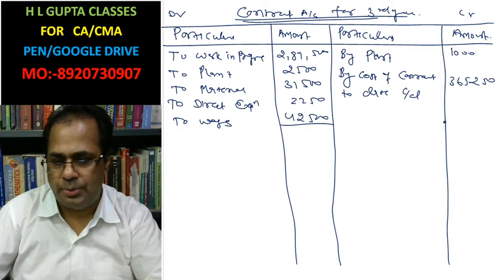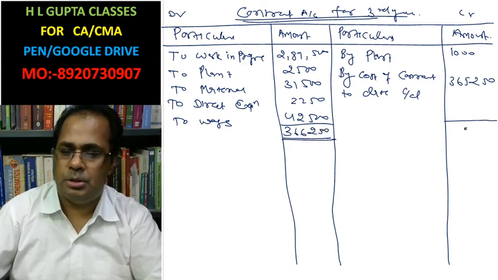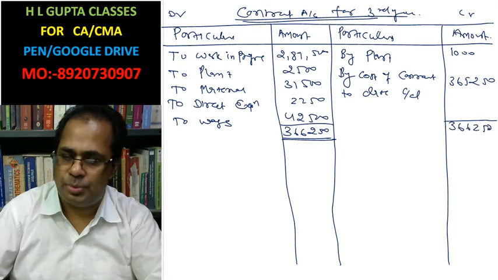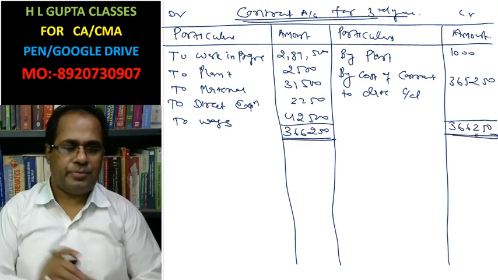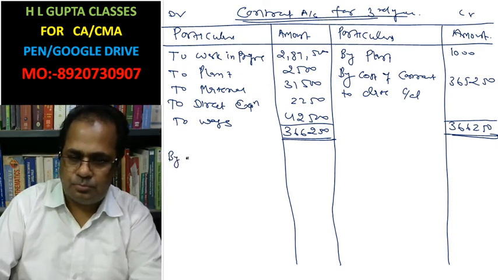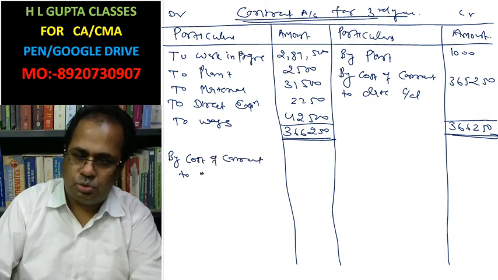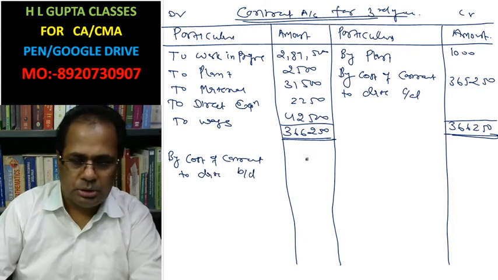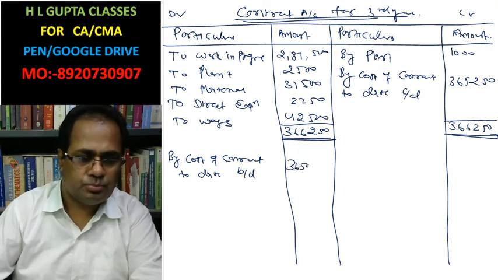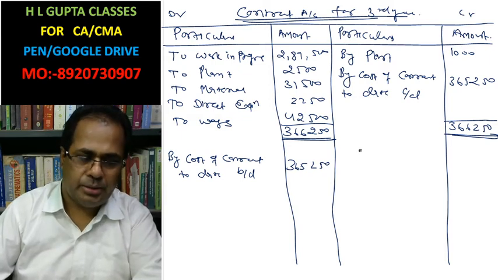Total cost will be 3,66,250. Thereafter, to cost of contract to date brought down 3,65,250.